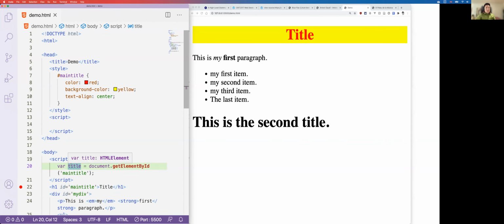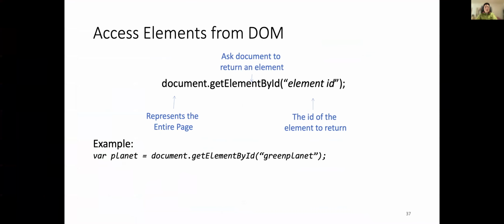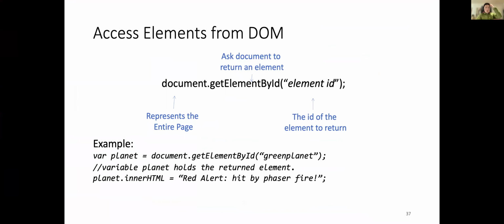The important thing to remember here is that this title does not refer to the text, it refers to the entire element. So it's an element, not just the text. Maybe I'll just call it titleElement. Then you can make changes to this, and you can say .innerHTML.